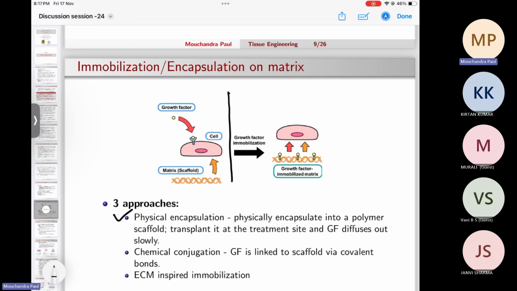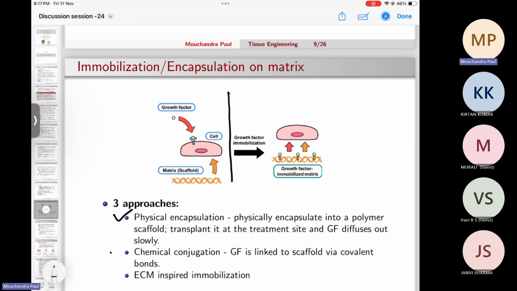The scaffold along with the polymer is then cast into a 3D structure, where the growth factor is there in the bulk of it, and then it is transplanted. Then some effect can be seen at the transplanted site.